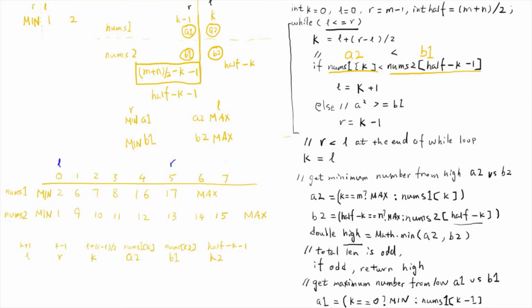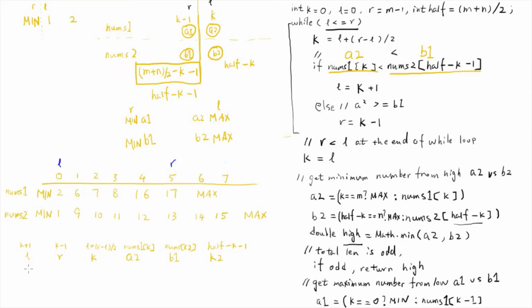And A2 and B1. A2 is the number in the first array on the higher side. B1 is the number in the second array on the lower side. And K2 is a cutting point in the second array.